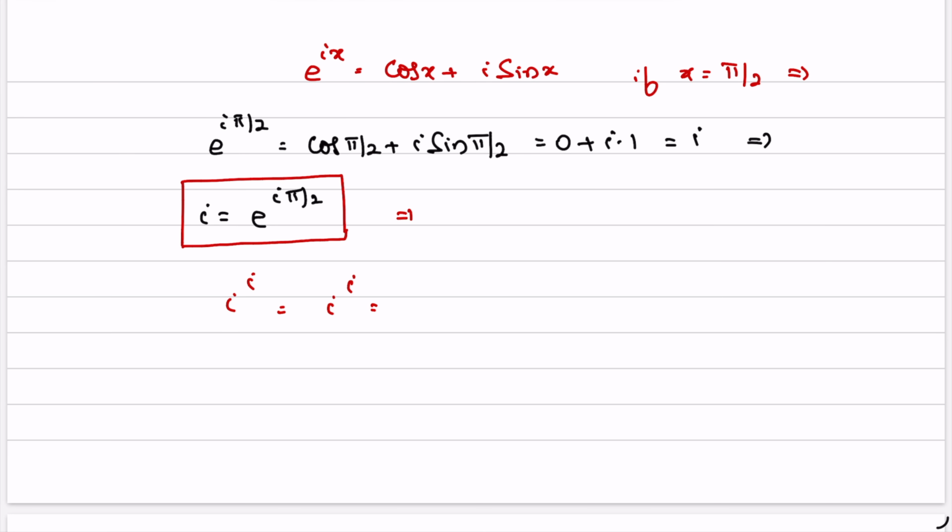Please try to understand: e to the power of i log i, or i ln i. Do you agree to it?